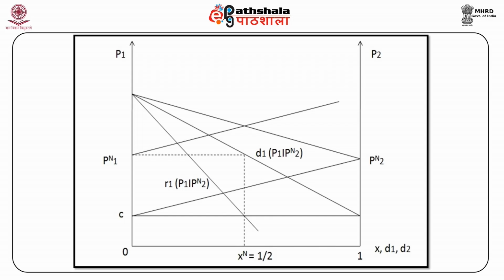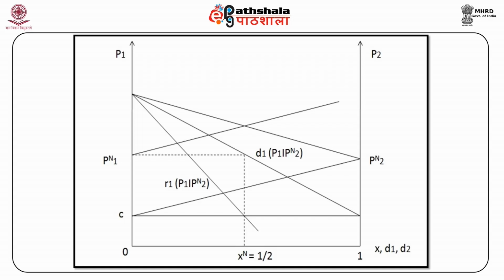Suppose that for a set of prices P1, P2, neither of the firms has any incentive to change the price. Further, if the marginal cost for both firms is a constant C, and firm 2 sets a price P2 equal to P2*, the optimal price for firm 1 is determined using the marginal revenue curve R1(P1 | P2*), derived from the demand curve for firm 1, D1(P1 | P2*).